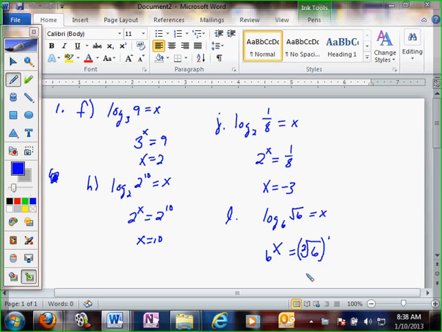So that's going to be a fractional exponent, and x is equal to 1/2, because P over Q. You have to remember all your P's and Q's and all that business. Let's move on to part 2.